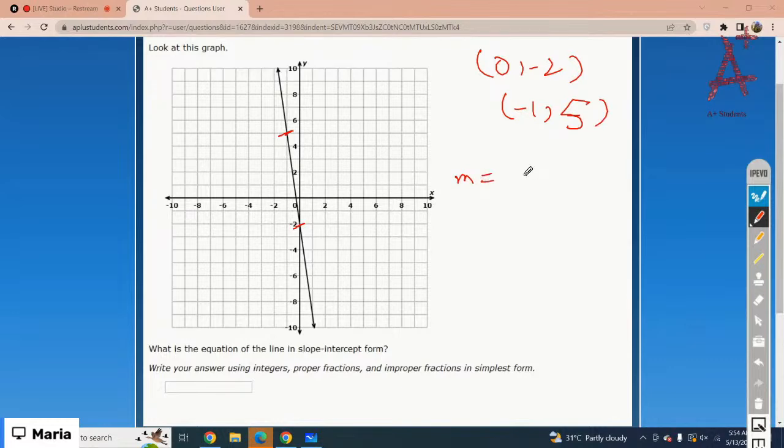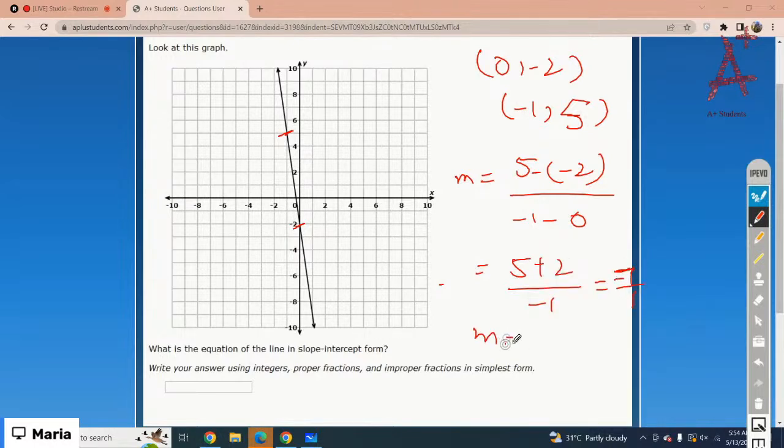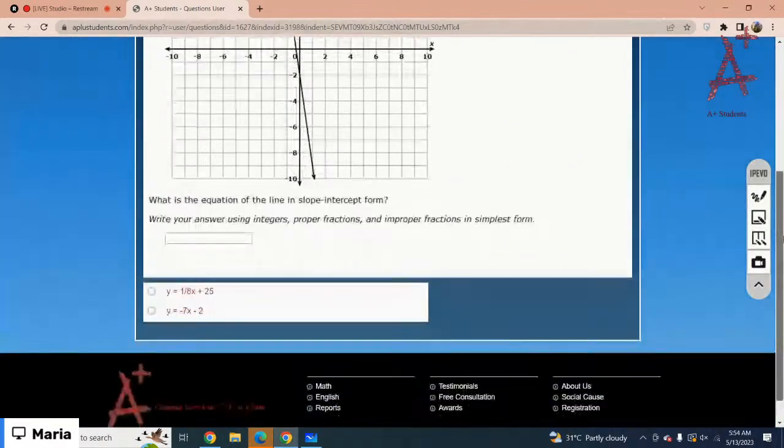So it would be m equals 5 minus -2 divided by -1 minus 0. So it would be 5 plus 2 divided by -1. It would be 7 over -1. That means the slope of the equation is -7. So the equation would be y equals negative 7x, and here is the y-intercept, it would be minus 2. So it would be y equals negative 7x minus 2. Got it? The correct option is y equals negative 7x minus 2.